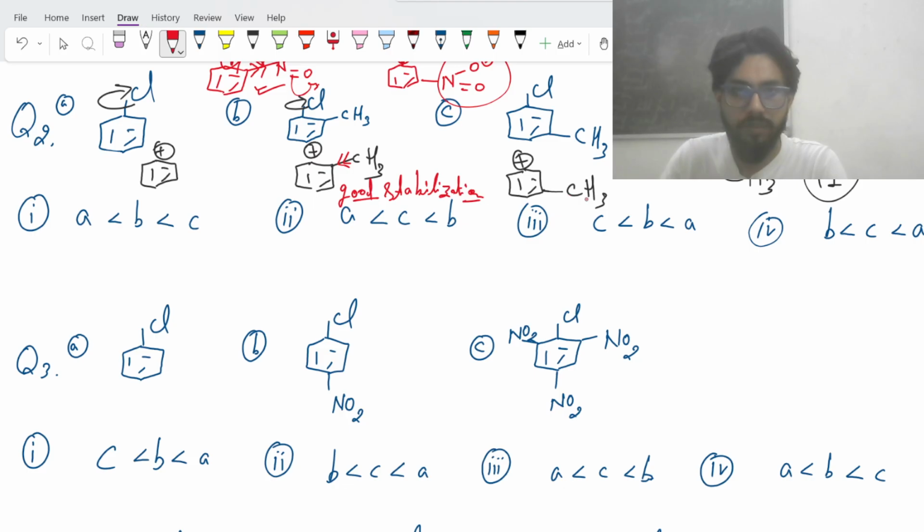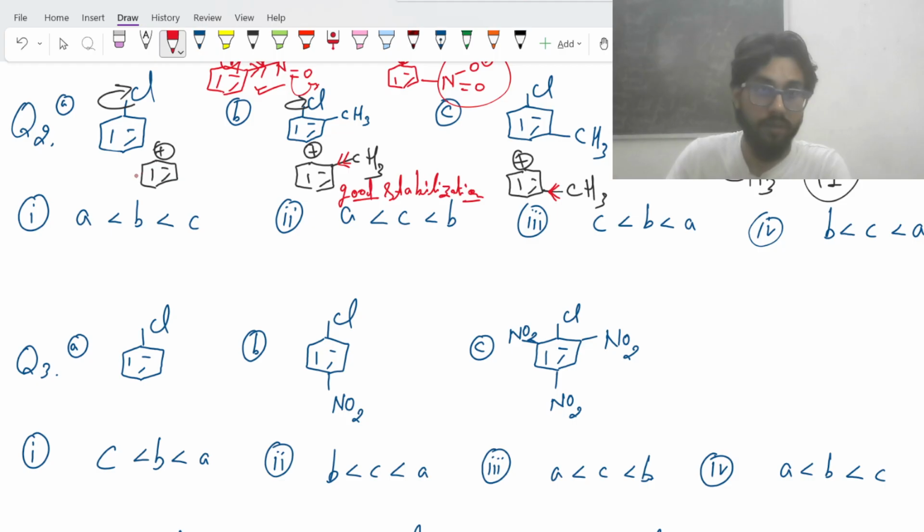And in this case you can see here, this will also show the plus I effect, and it will reduce this positive charge density, okay. This methyl group will shift the electron towards this benzene ring, and this positive charge will decrease, okay. And if it is decreasing, then SN1 is also difficult over here.